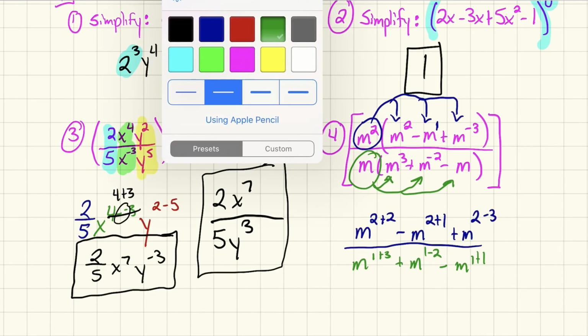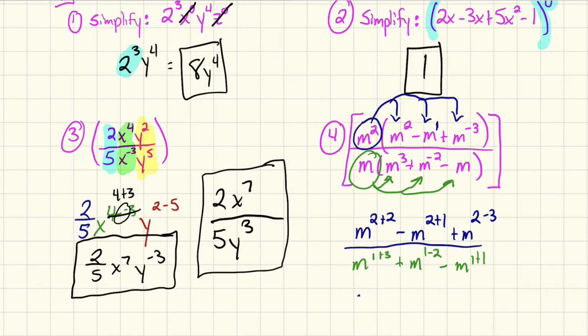Okay, simplifying that out, we end up getting on the top m to the 4 minus m to the third plus m to the negative 1. In our denominator, we end up getting m to the 1 plus 3, which is m to the 4, plus m to the third minus m squared.